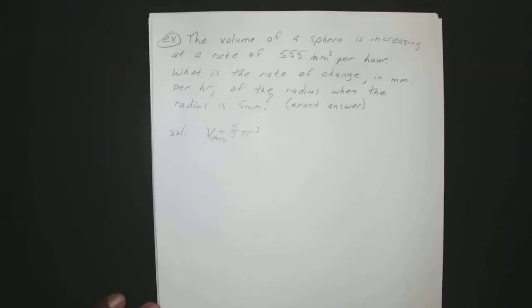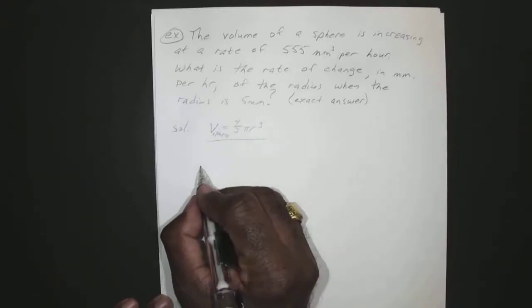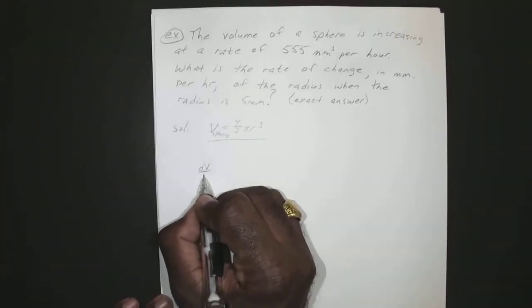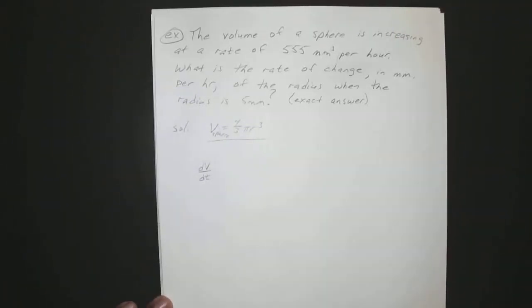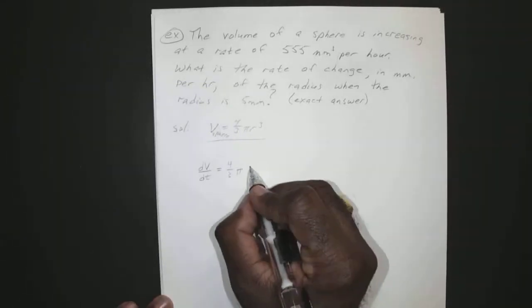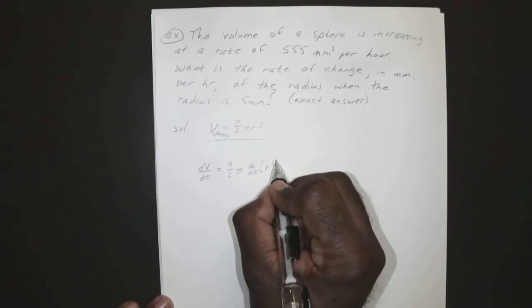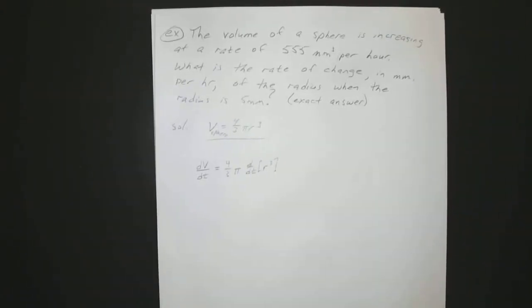Right, so let's go ahead and work this one out. So once you have your formula, you can just go ahead and differentiate both sides. Rate of change of the volume with respect to time is equal to, we can just bring all our constants out to the front. So we have times the derivative with respect to time of our radius cubed.